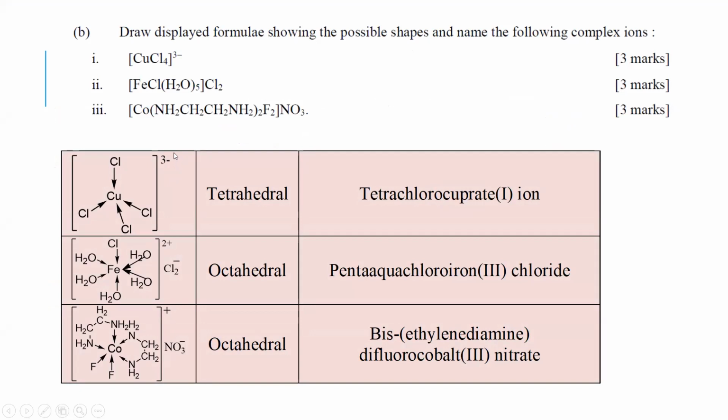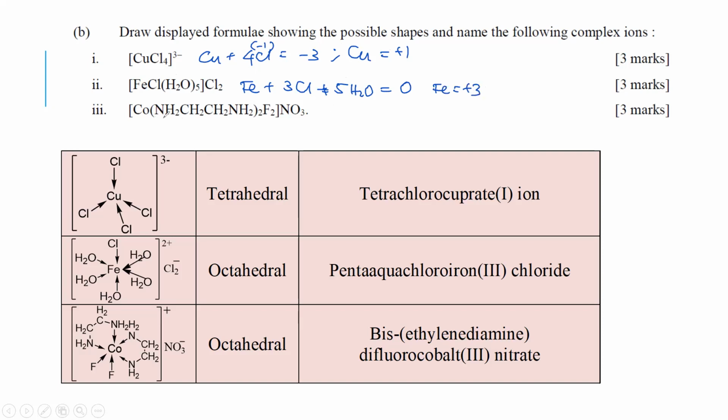So tetrachlorocuprate(I). You can calculate the oxidation state in here, CuCl4 3-. So you have Cu plus 4Cl is equals to -3. Cl is -1, therefore Cu is equals to +1. As for Fe(H2O)5Cl 2, it's Fe plus 3Cl plus 5H2O equals to 0, therefore Fe is +3 also.